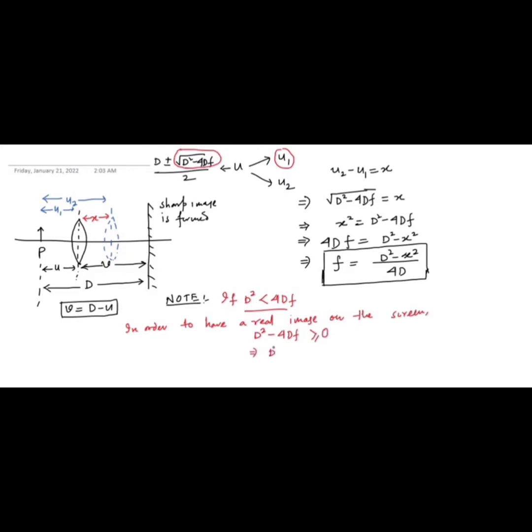So d square should be greater than or equal to 4df, or d should be equal to or greater than 4f. So what can I conclude here?